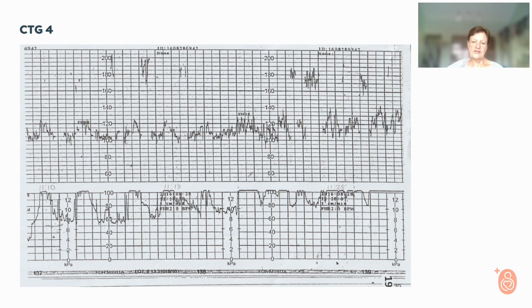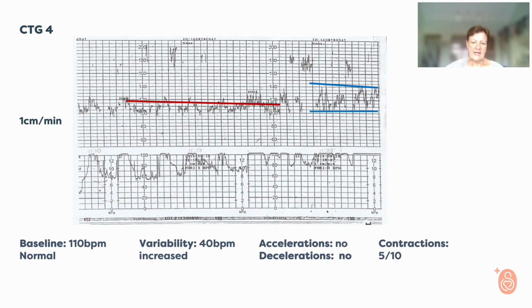This is the CTG that you had in front of you. So I think you have gone through it already carefully. So let's look at the interpretation. Now, I hope that you can see this slide clearly. If we draw a line, and I'm just going through the definitions of all these things again for revision, we have said that the baseline is the average heart rate of the fetal heart between periodic changes, in other words, between decelerations and accelerations.